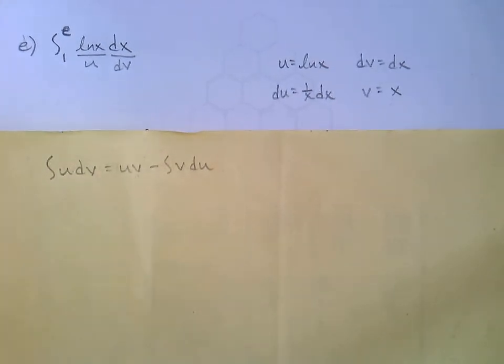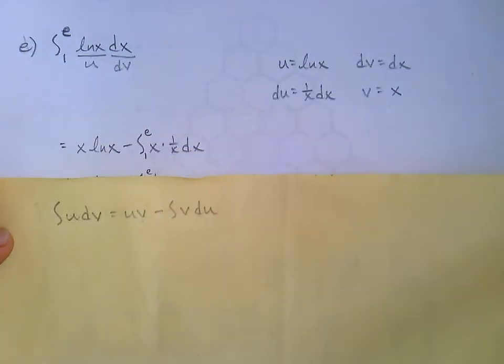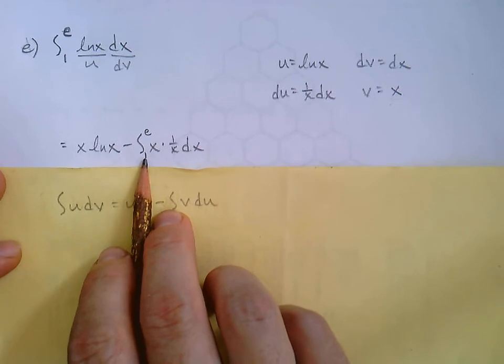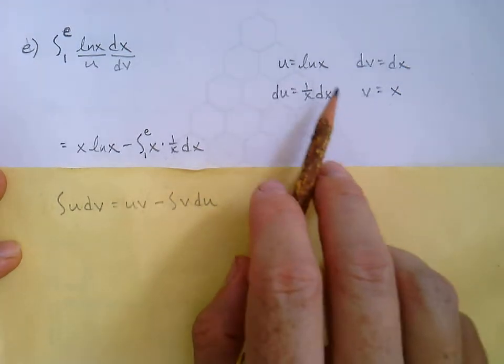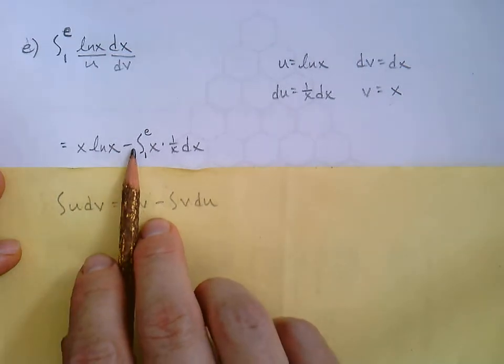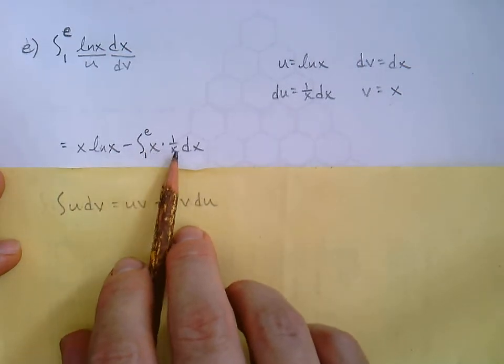Okay, now using our formula, let's put it all into place. And we'll remember it is a definite integral. Okay, so we've got uv, let's just write it as x natural log x minus integral v du.